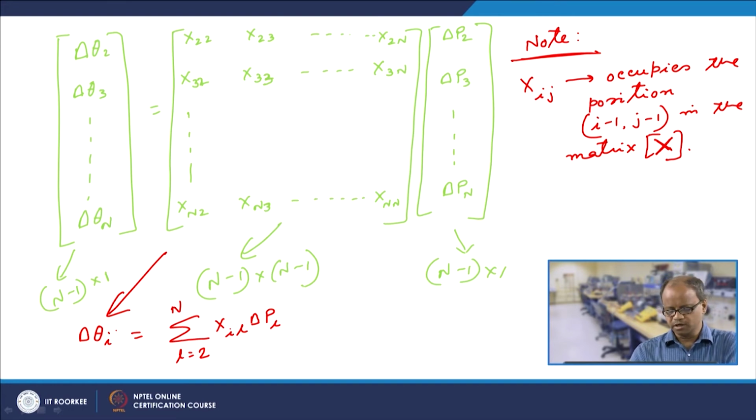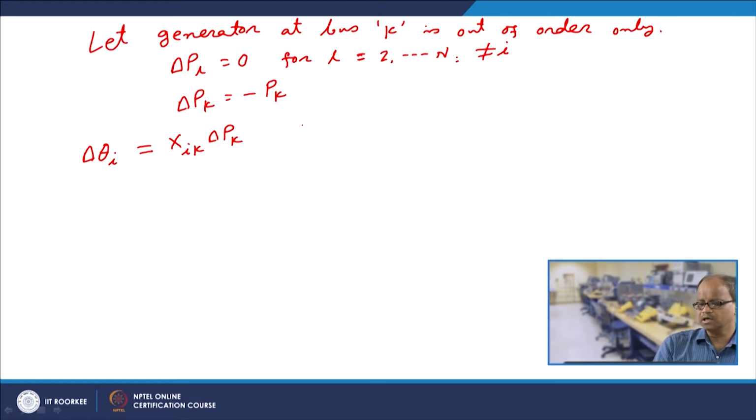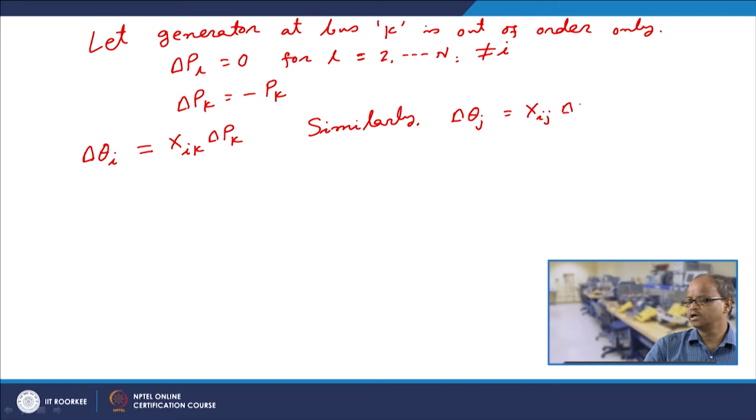So, delta theta I would be X I k into delta P k. Similarly, delta theta j would be equal to X j k into delta P k.